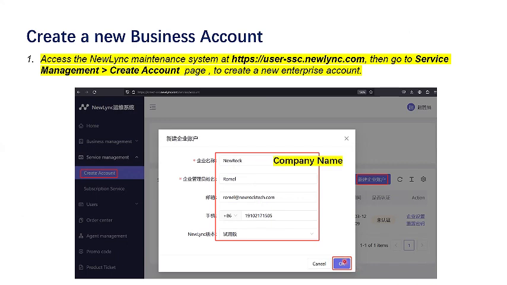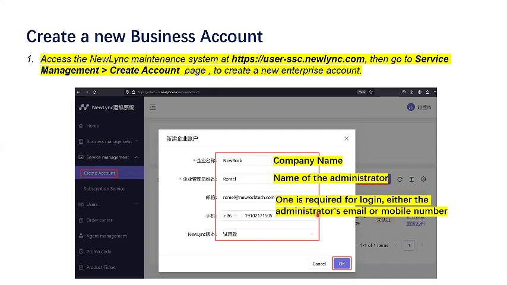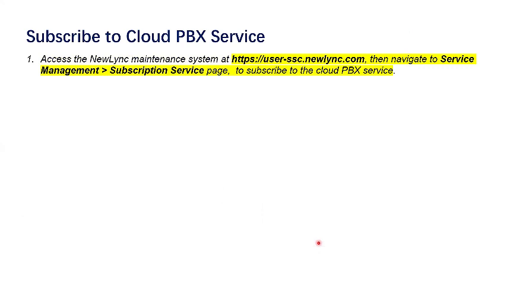You click OK. So I have here the name of the administrator. Actually, either the administrator email or the mobile number is required, so you can only input one. That's your prerogative for that one. Then you can select the standard version if there are no specific requirements.